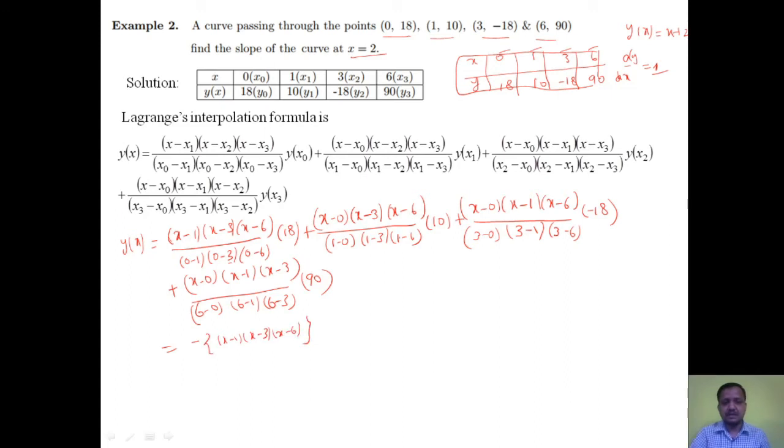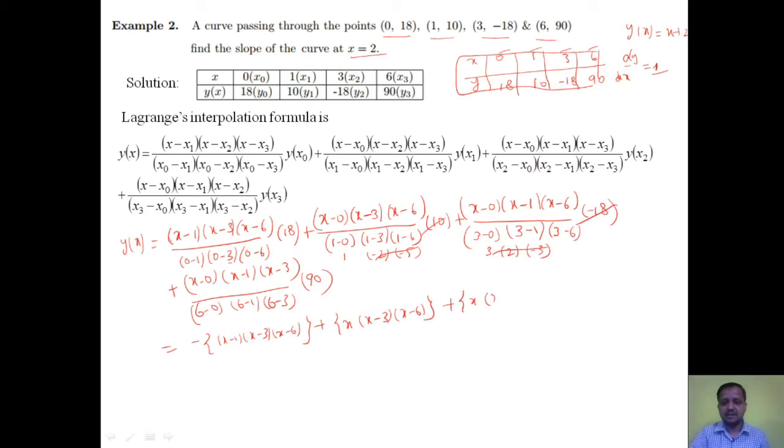In the next term here we are getting 1 in the denominator part, minus 2, minus 5 means plus 10. So here this one cancels out. So the remaining term is x into x minus 3, x minus 6 plus here 3, 2, minus 3. Here 6, 3 are minus 18, minus 18 will cancel out.